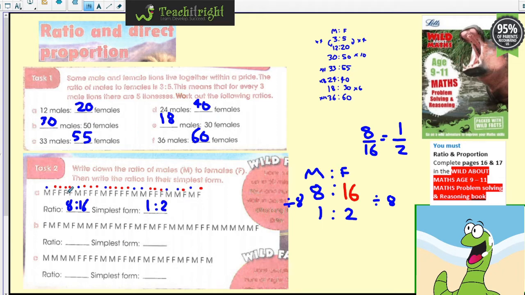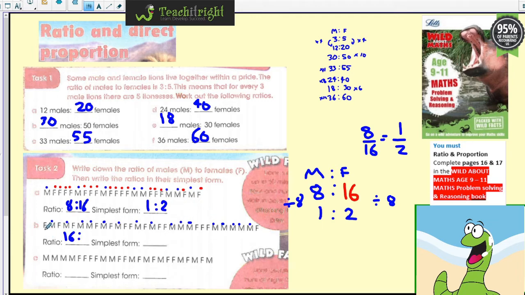Let's do it for this next one. So again, just color code it. The dotting technique for counting is really quite a good one. So you've got 16 males. So it's 16 to something. And if you can't, I can do different colors, or you can always dot underneath.